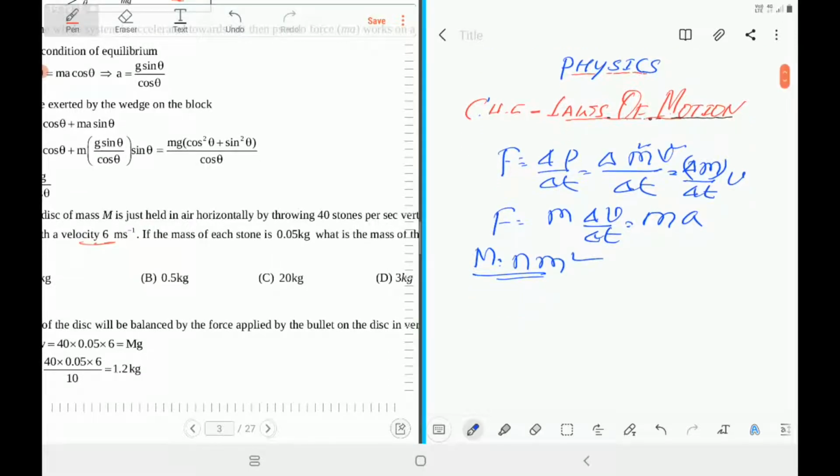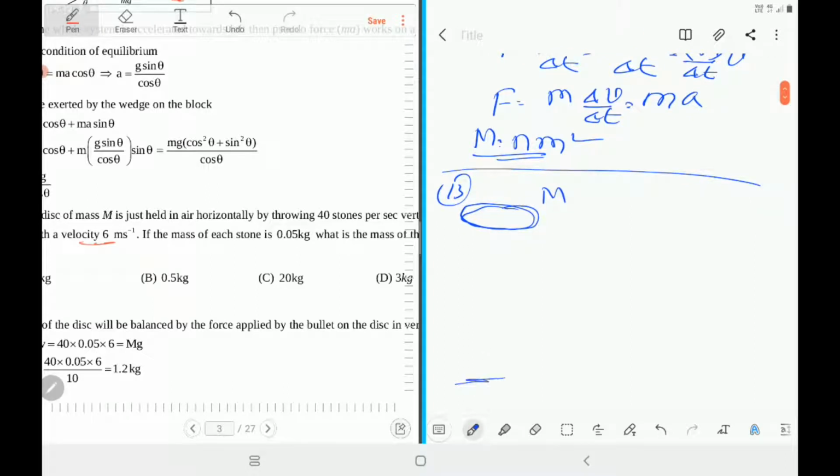Think of the situation in problem number 13. There is a disk, maybe a wooden plank, having mass m. It's supported in air not by using a stand but by throwing balls from a gun, say, continuously. The stones or balls strike continuously, producing an upward force which is enough to balance the weight.